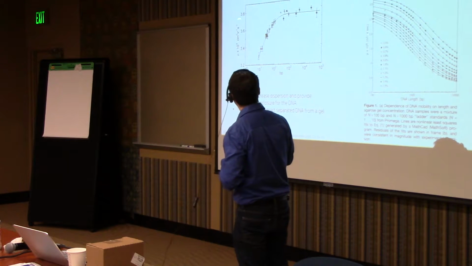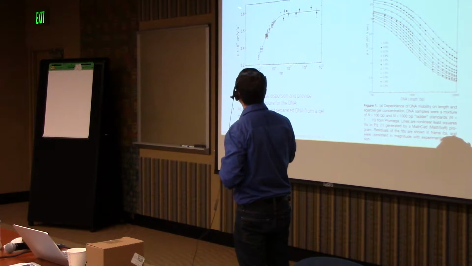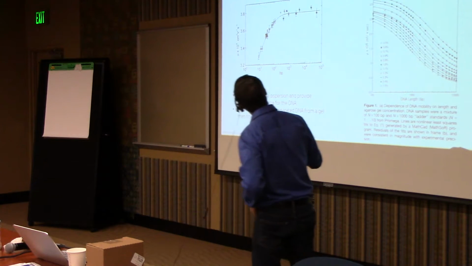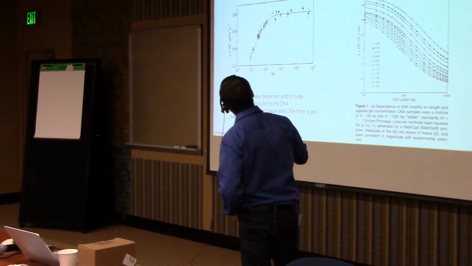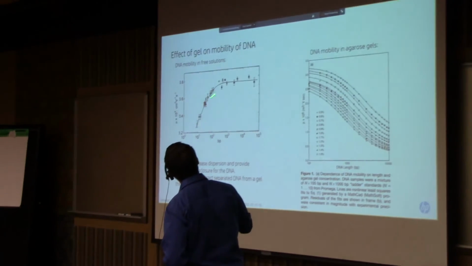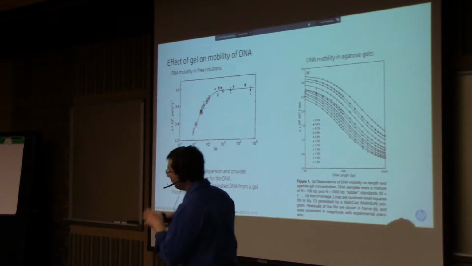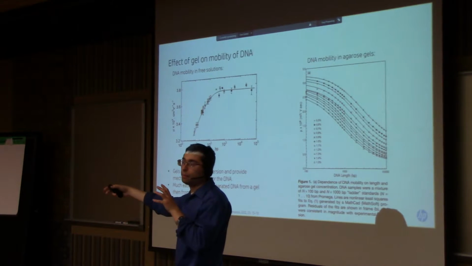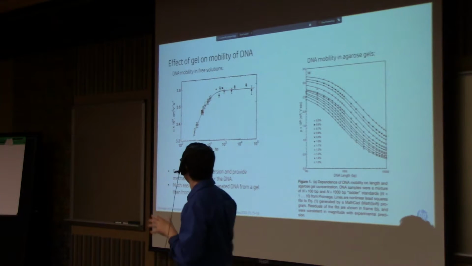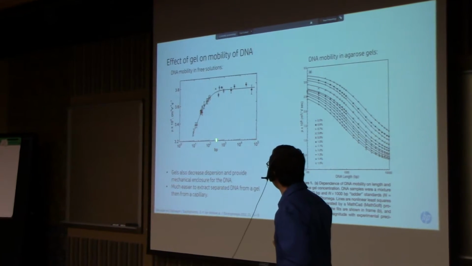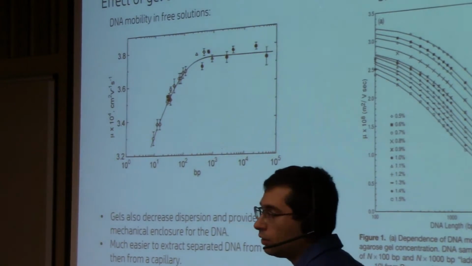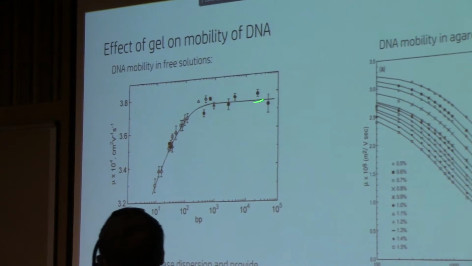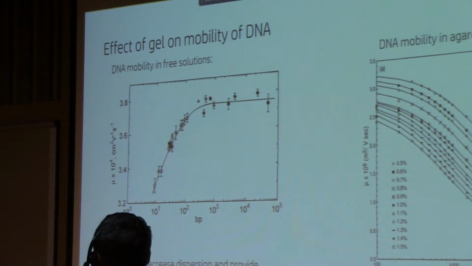And here is plotted the electrophoretic mobility of this. And you notice that for small numbers of base pairs, like 10 to maybe 100, there's a significant change in mobility as you add more bases, okay? Versus after 100, your mobility, for some reason, is more or less constant.